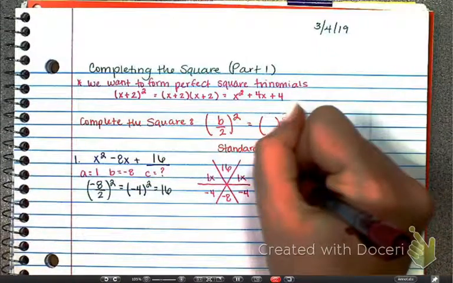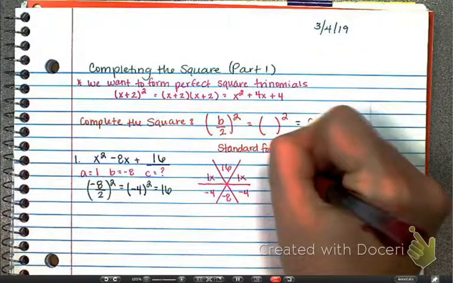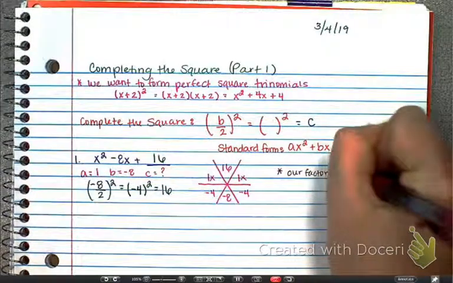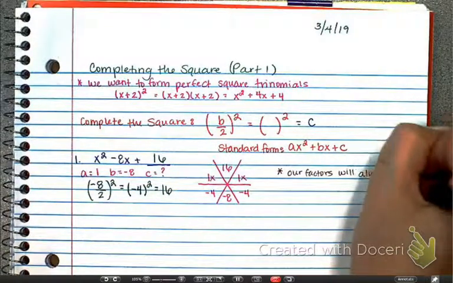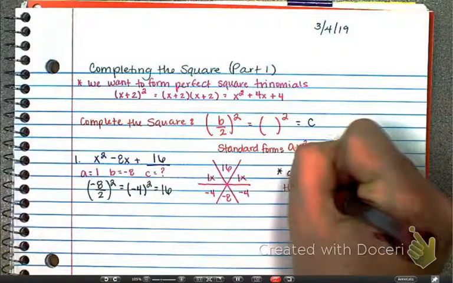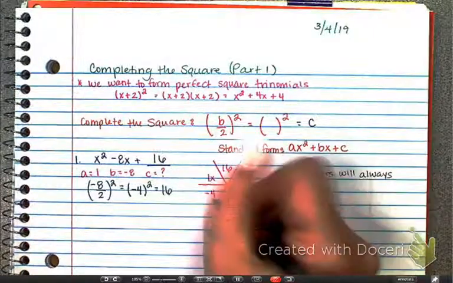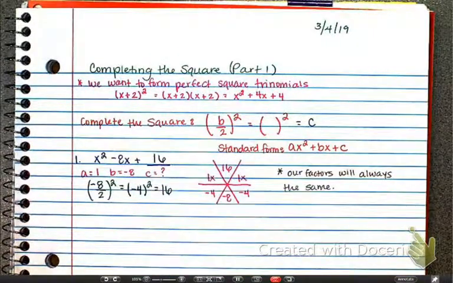Okay, I want to write a note. Our factors will always be the same. If you get something that's not the same, then you did the problem wrong. Your factors should always be the same. So in this case, I have a negative 4 and a negative 4.